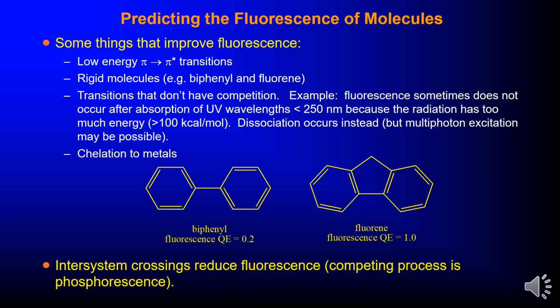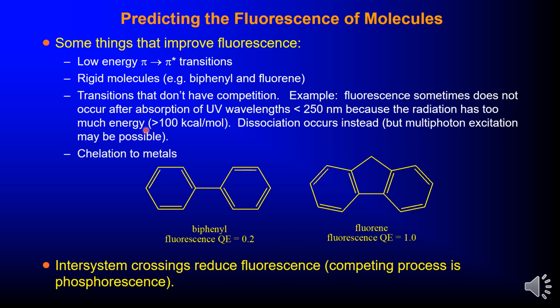So, predicting the fluorescence of molecules. Some of the things that improve fluorescence are the low energy pi to pi antibonding transitions. Then we have rigid molecules, e.g. biphenyl and fluorene, and you can see biphenyl and fluorene.